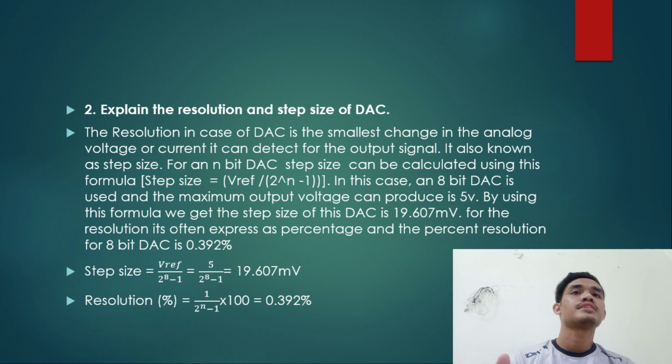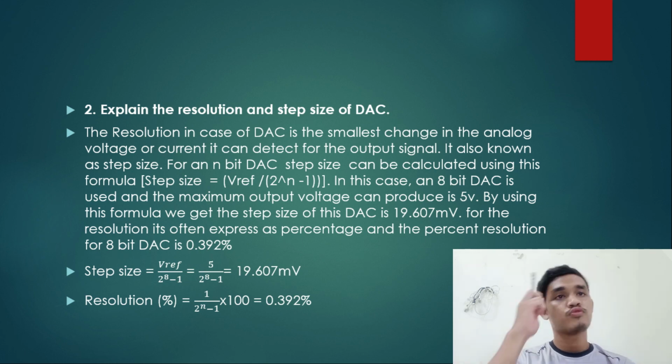For an n-bit DAC, step size can be calculated using the formula: step size is equal to V reference over 2 to the power of n minus 1. In this experiment, an 8-bit DAC is used, and the maximum output voltage it can produce is 5 volts.